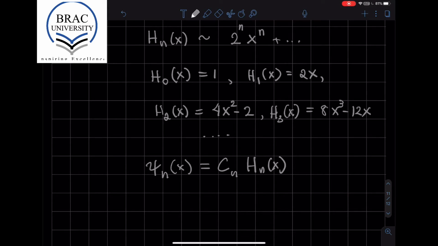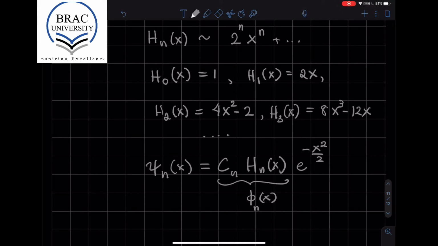But of course, if it were just the Hermite polynomials, this wave function would not be normalizable, because as we go off to infinity, this polynomial will diverge because its highest power will dominate. So we multiply it by e to the power minus x squared by 2. Remember that we had said that this is going to be phi of x. So this is basically the structure of our wave function.